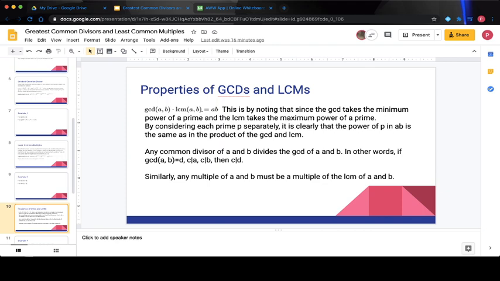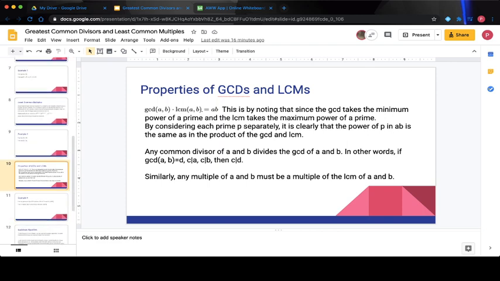Okay, here are a few properties of greatest common divisors and least common multiples. The first one is really important. You might want to write this down or at least try to remember it. If you multiply the greatest common divisor and the least common multiple of two numbers, it equals the product of the two numbers.